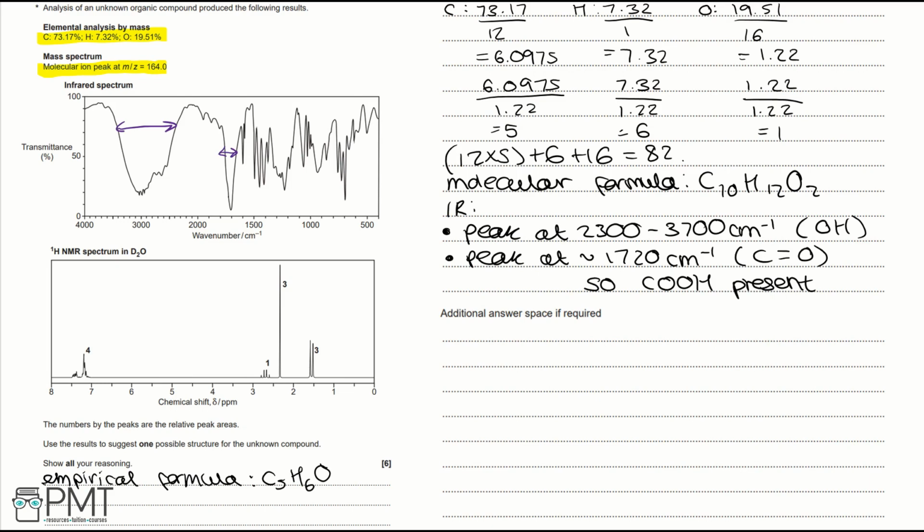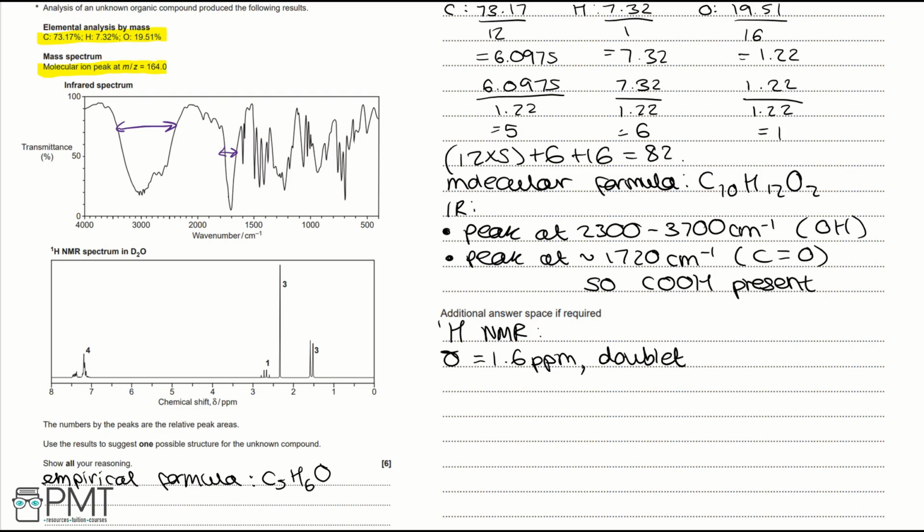Now we need to talk about our proton NMR and analyse the data that we're given here. So like with our infrared spectrum, we need to state the peaks and state what they mean. So our first peak we're going to talk about is at 1.6 ppm, and we need to discuss the splitting pattern. So the splitting pattern of this peak is a doublet.